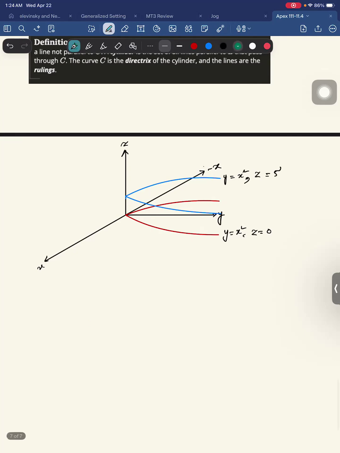And then again, one more at an even bigger height. Try to keep drawing these parabolas at every height. What you will get is something like this, a parabolic shell, if you want to call it that.